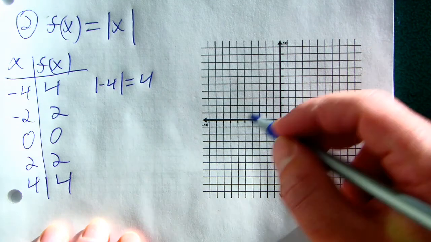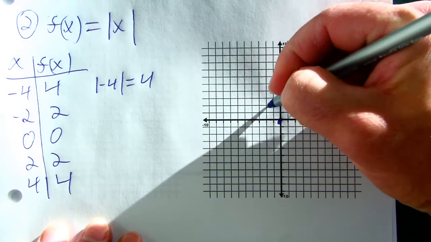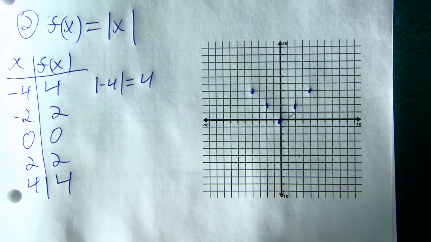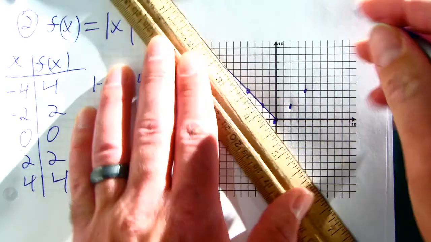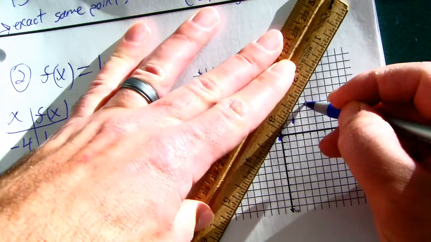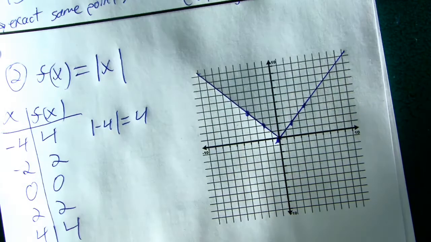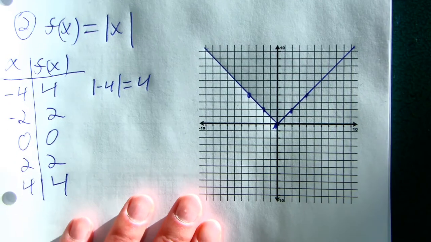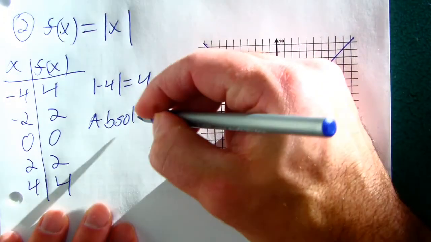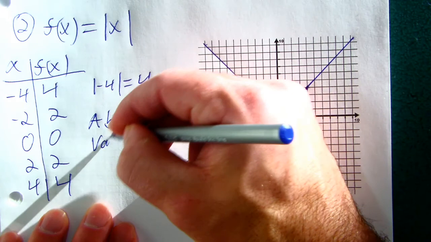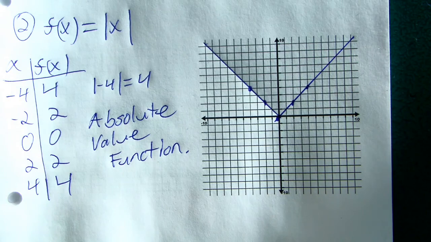All right, and if you were to graph this, you're going to have that. Your absolute value should always end up being a V-shaped graph. If you don't get a V-shaped graph with absolute values, then something went horribly wrong. So again, that's an absolute value function.